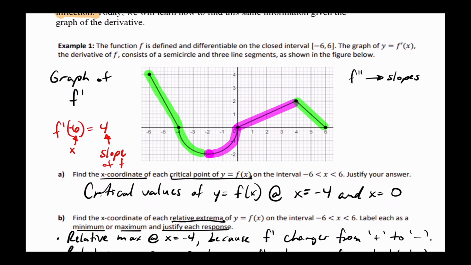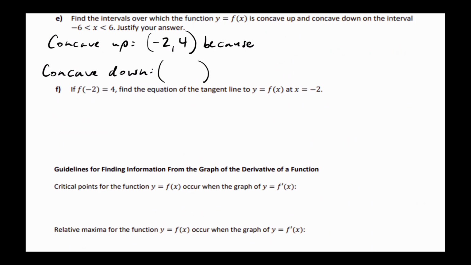Looks like it starts at -6 to -2, and then 4 to 6.